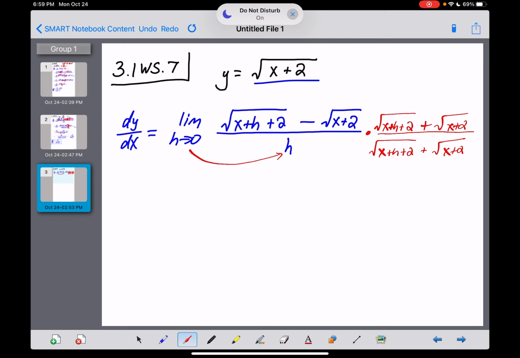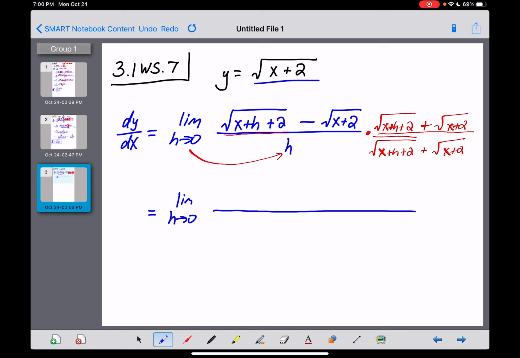Okay, so here we go, guys. What's that going to do for us? This will now equal the limit as h approaches 0 of, and let's see what happens here. The numerator is where interesting things should happen. So we're multiplying 2 conjugates. The first product is going to be this term here times this term here. Well, the square roots are just going to cancel, and we're going to get x plus h plus 2.